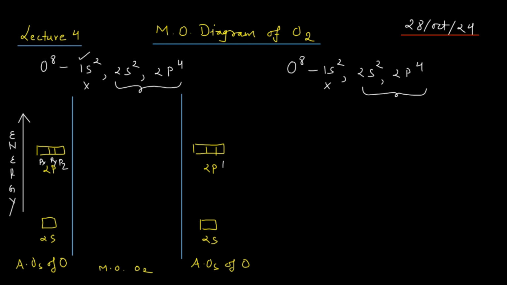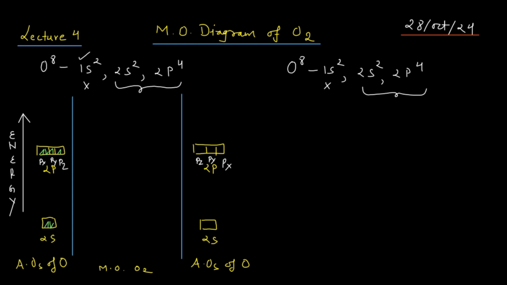So here again I am writing px, this is my py, and this is my pz. And if you count the total number of electrons here, you can see 4 and 2, 6. That means you have to fill these 6 electrons in the atomic orbitals of the oxygen atom. So this is 2s2, and then you have 2p4, 1, 2, 3 and 4.